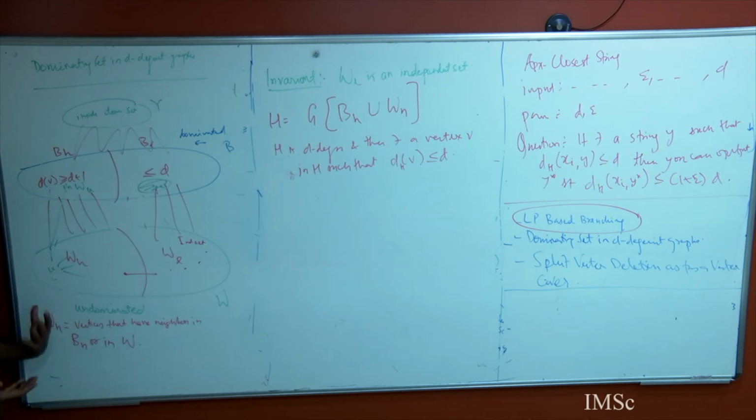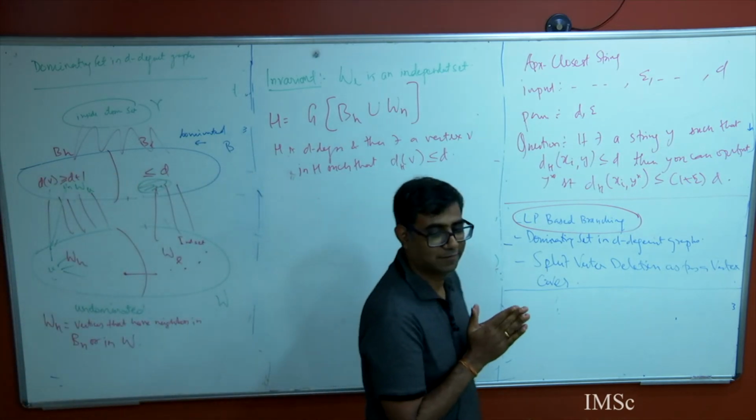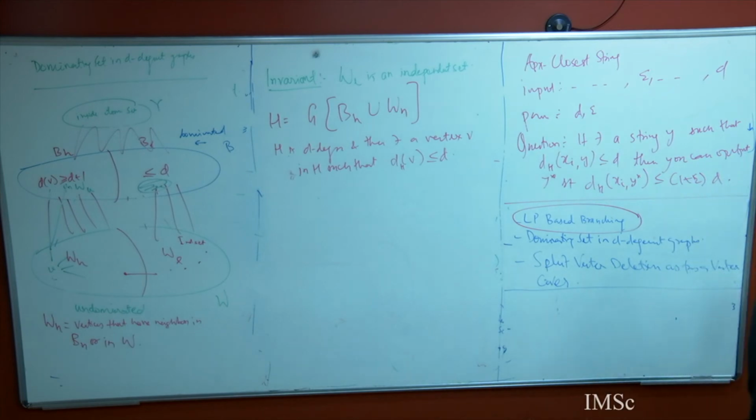And if I branch on him, will I make progress? Do you get my point? I would like to branch on him. Very nice. So I can say either I take you in my solution, or I take all these BH guys in my solution, or I take these WH guys. That is at most D, very happy.